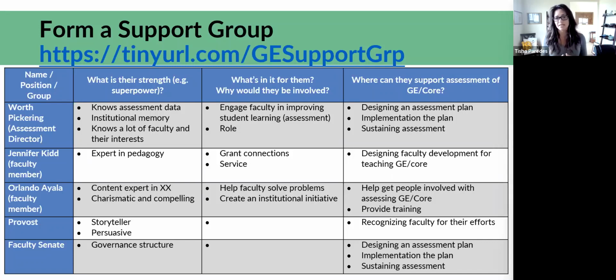You must participate in Gen Ed assessment. If you do not, we are happy to decertify you as a Gen Ed course. That came from faculty governance, not from Tisha, the administrator, even though Carla was faculty as well, not Carla, the assessment person, but faculty governance. So you need to be clear and you need to work with your faculty governance structure.